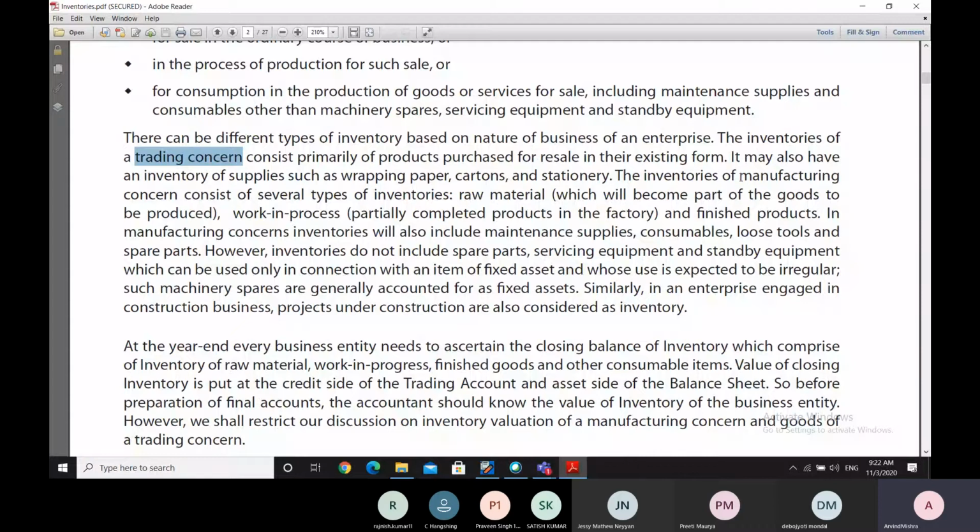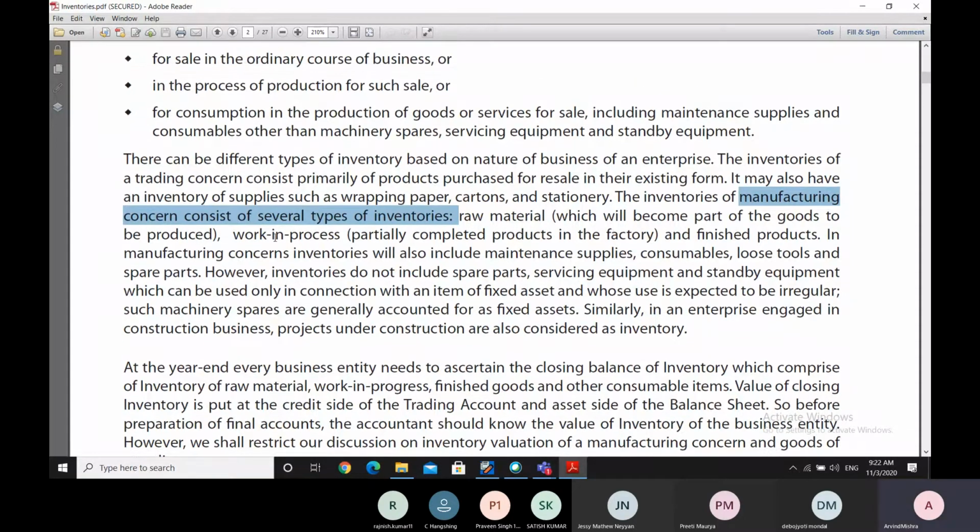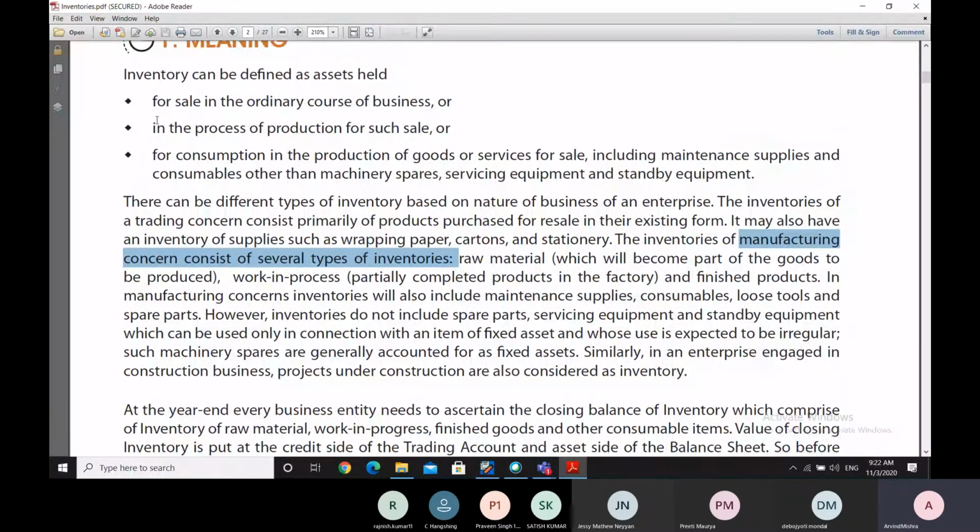Then we move to the manufacturing concern, and the inventories of a manufacturing concern will consist primarily of the raw material, and this raw material will become part of the goods to be produced. And then of course, apart from raw material, we have the work in process. So when we say raw material which will become part of the goods to be produced, we are referring to this second part here, assets held in the process of production for sale.